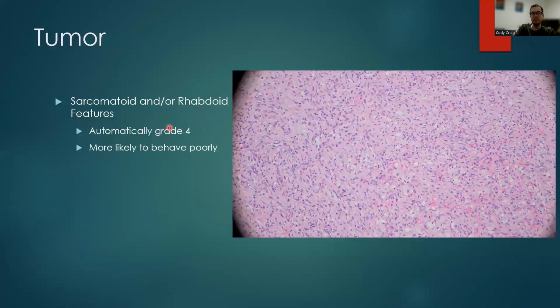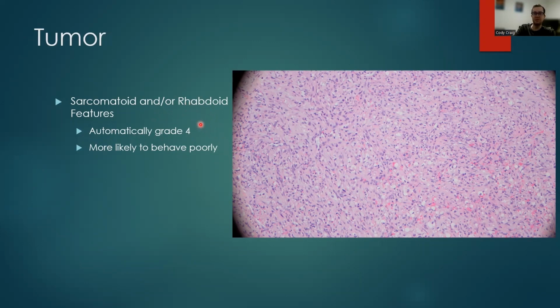So one other question that the Synoptic always asks is: are there sarcomatoid or rhabdoid features? So we can think of that as a change in the shape, if you want. Most of the regular tumor cells are kind of roundish, but when they start to look sarcomatoid, they get this flat, stretched out look. Rhabdoid is called rhabdoid because it's like a muscle.